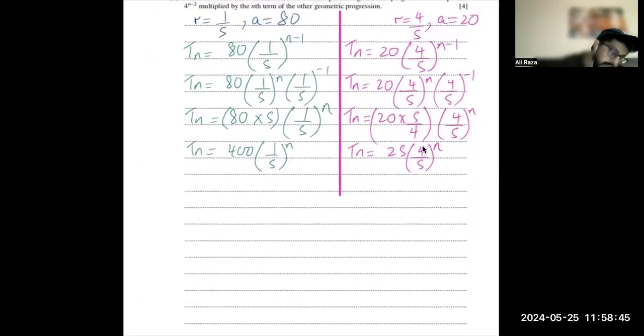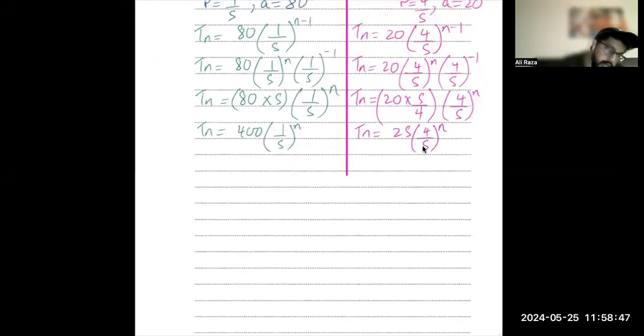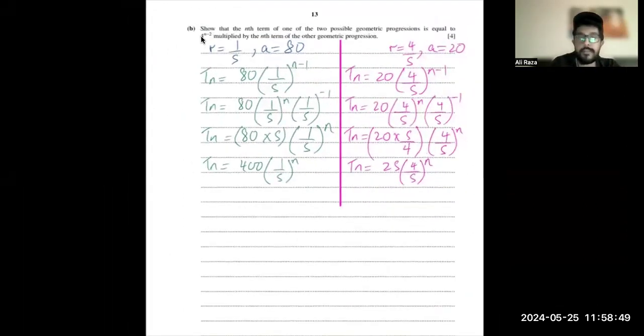When we divide these two, we should be getting 4 power n minus 2.